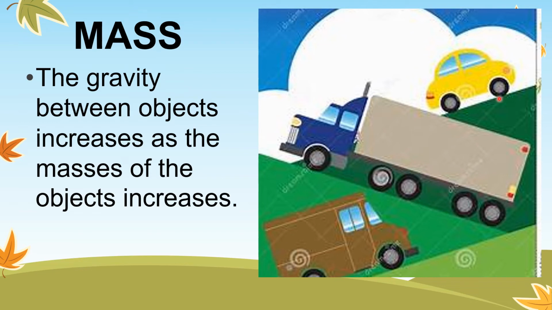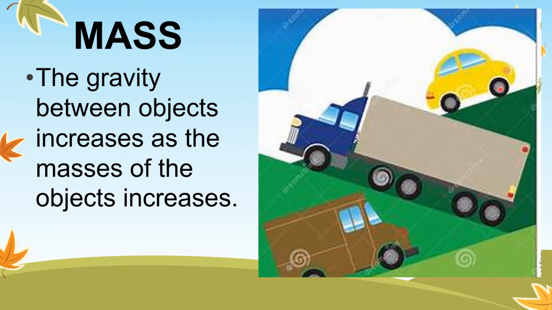Look at this yellow vehicle, the yellow car. Among the three, this one is the smallest. The yellow car has the least mass. Therefore, the force of gravity that pulls the car down is least.